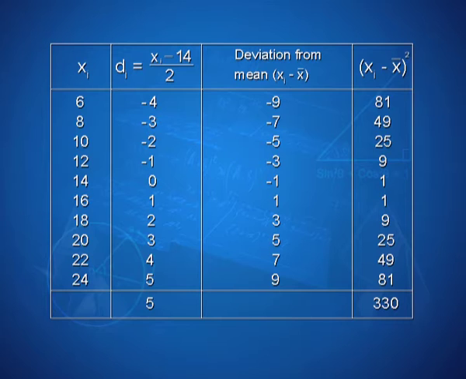They can be computed and we have the values minus 9, minus 7, minus 5, minus 3, minus 1, 1, 3, 5, 7 and 9. The fourth column represents xi minus x bar the whole square. 9 square gives us 81, 7 square is 49, 5 square is 25 and so on. We find the total also here, it comes out to 330.